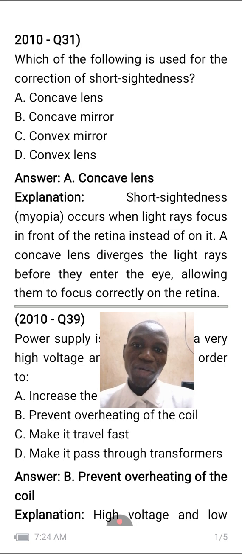Okay, so the correct answer is concave lens. I've written a short explanatory note there that short-sightedness is also called myopia. Please note this. So that you'll be able to, in case they say which of the following can be used to correct myopia, you should also know.